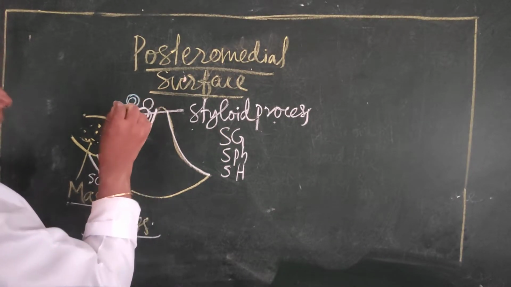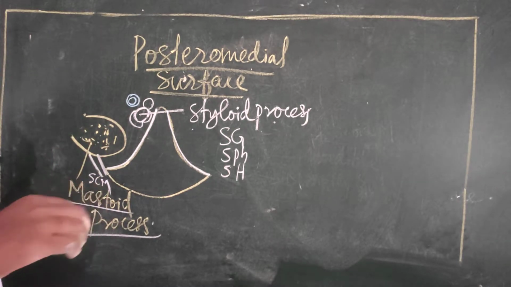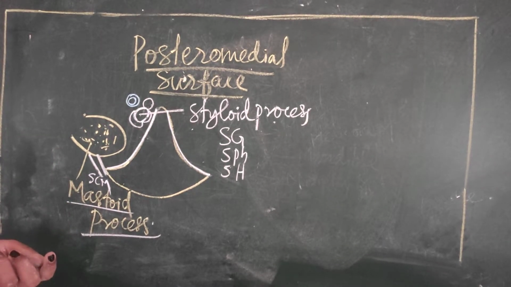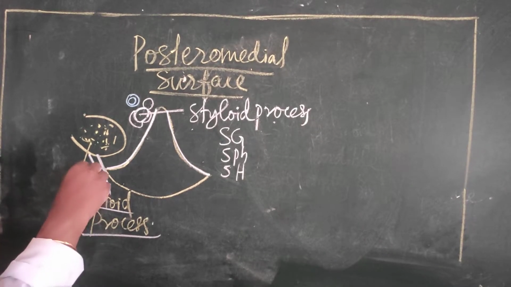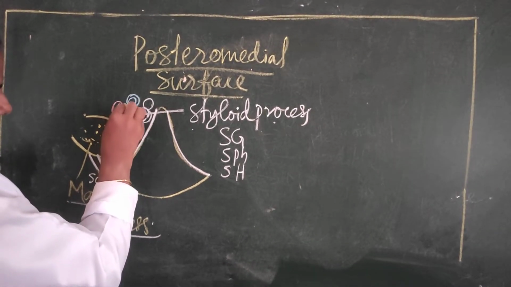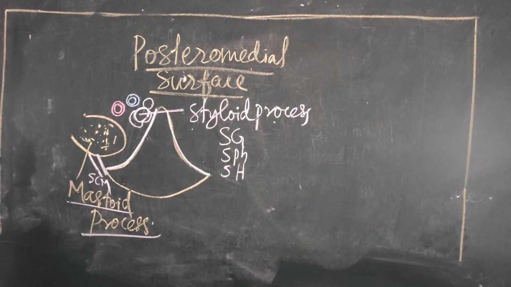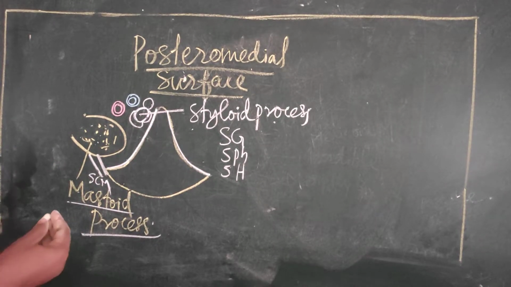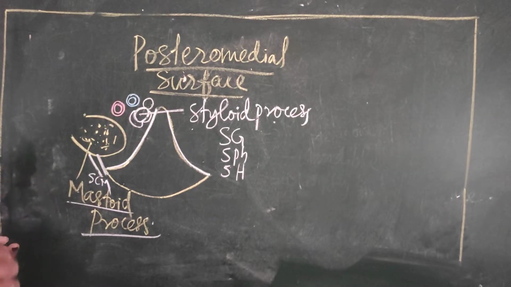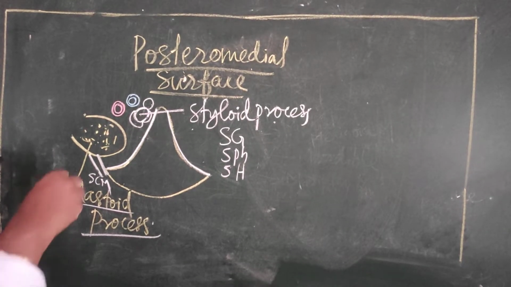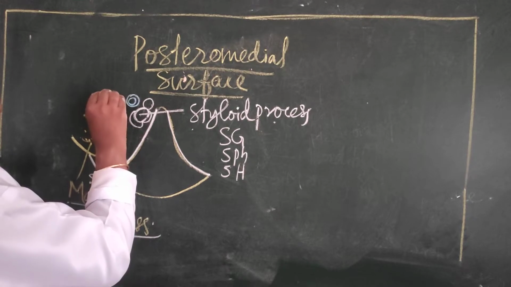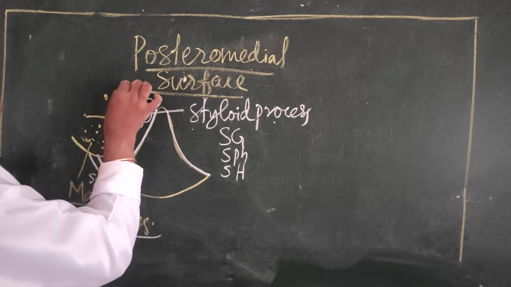So first is the internal jugular vein, internal carotid artery, then four nerves, 9, 10, 11, 12.